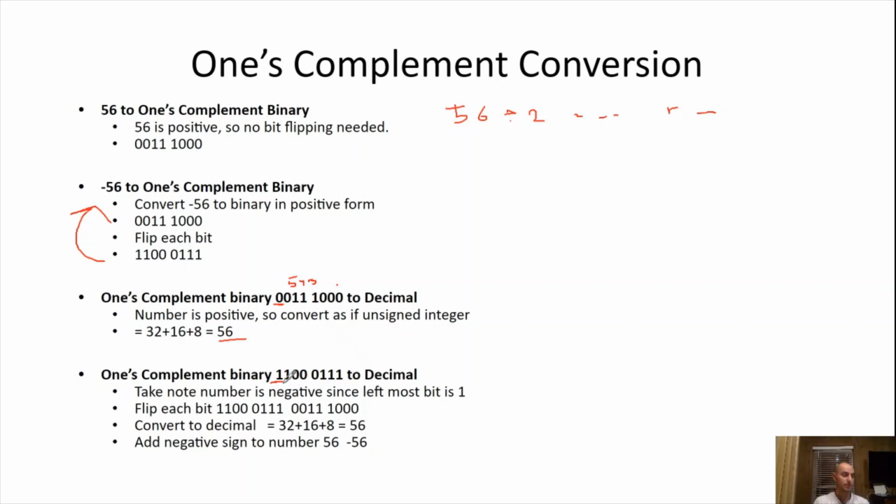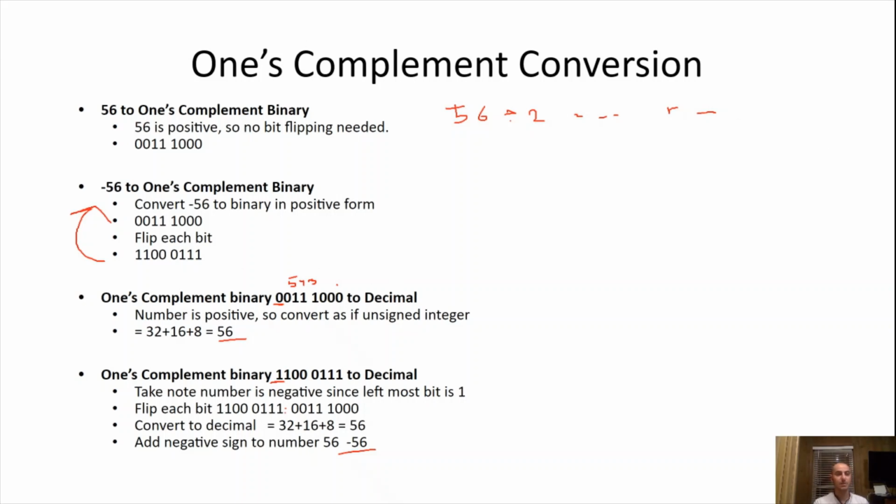So as soon as you see this 1, you flip every bit, and this is what you get. So this was your original, and then this is the flipped version. Then you convert this number to the decimal value. And then, because you know it was a negative number and you did the flipping, you just add the negative sign back. So you get minus 56.